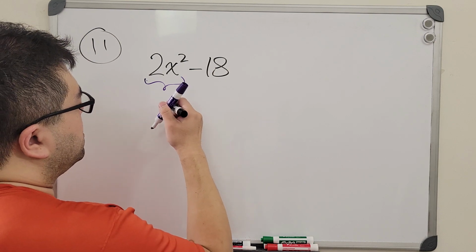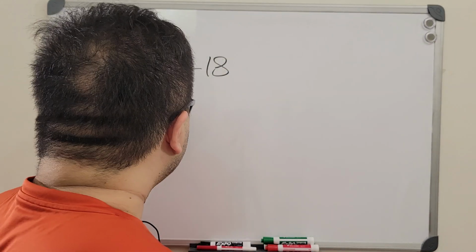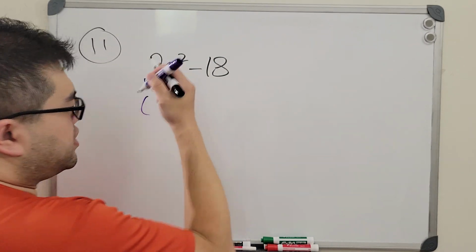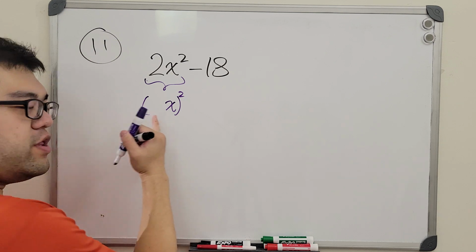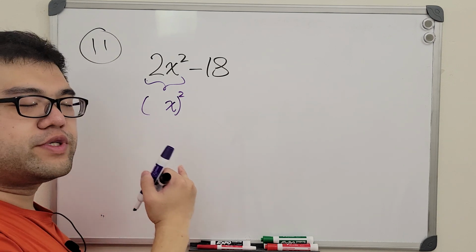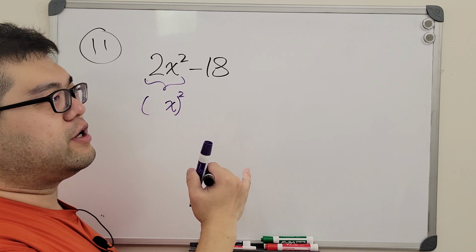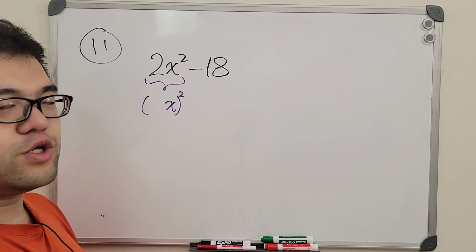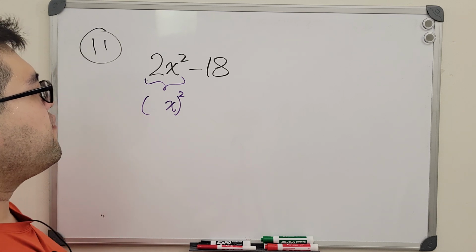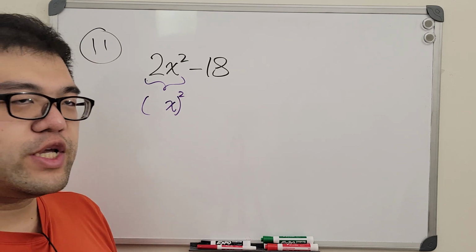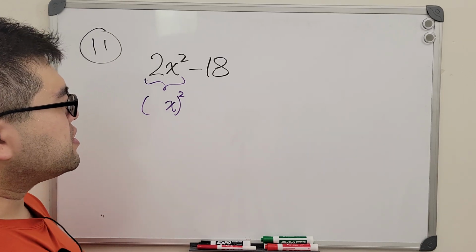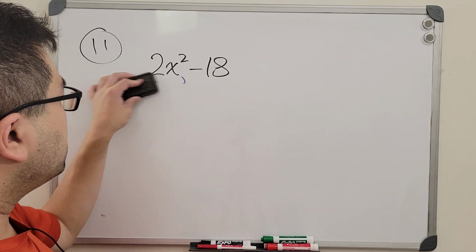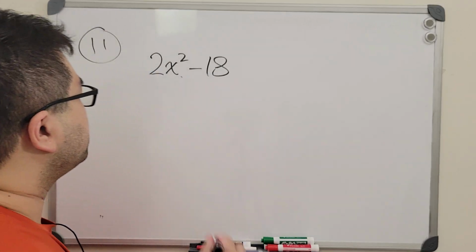Well, of course, the square root of x squared is x. But then what should we fill in here? Do we have any whole numbers that can do that? Well, actually there isn't, because what is the square root of 2? Is that an integer? Not really. And in fact, if we look at the other term, is the square root of 18 an integer? Not even. So what should we do?